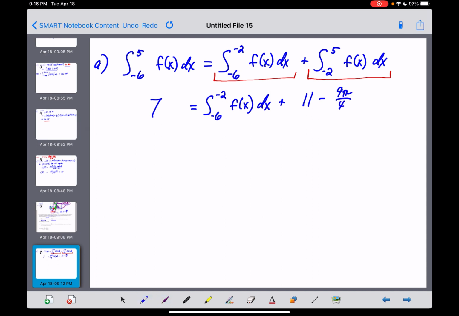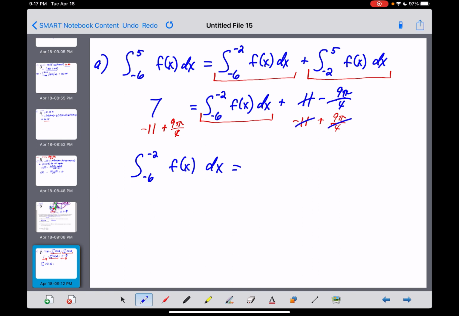Now, again, we switch back to red here. We're trying to find the value of this integral right here, which means I'm going to subtract 11 from both sides and add 9 pi over 4 on both sides as well. So the integral from -6 to -2 of f of x with respect to x is equal to, the 7 minus 11 here is going to give us a -4, and that 9 pi over 4 doesn't combine with anything.